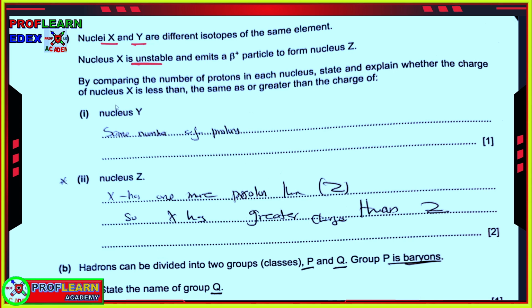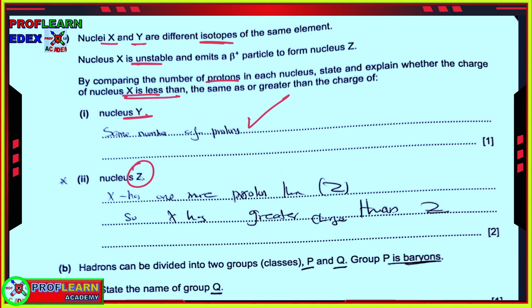So we are supposed to compare the number of protons in each nucleus and state and explain whether the charge of nucleus X is less than or greater than that of Y. They have the same number of protons because, since X and Y are isotopes, they have the same number of protons.